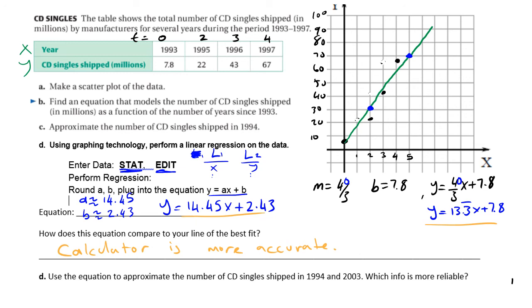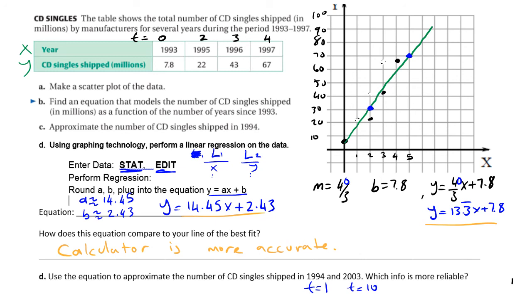Use the equation to approximate the number of CD singles shipped in 1994 and 2003. 1994 would be when T is equal to 1. 2003 would be T is equal to 10.